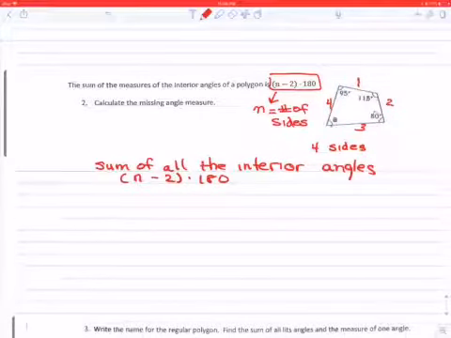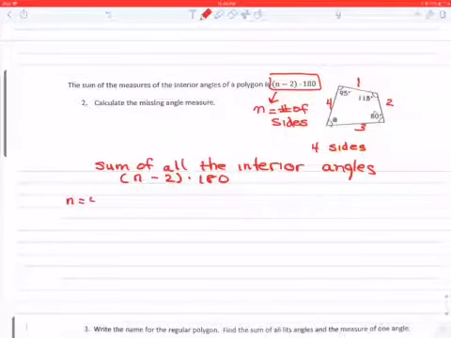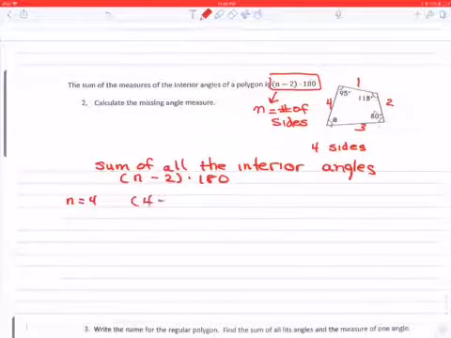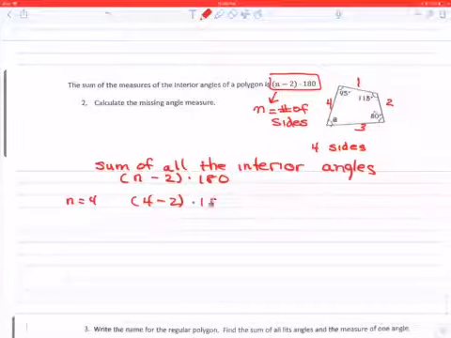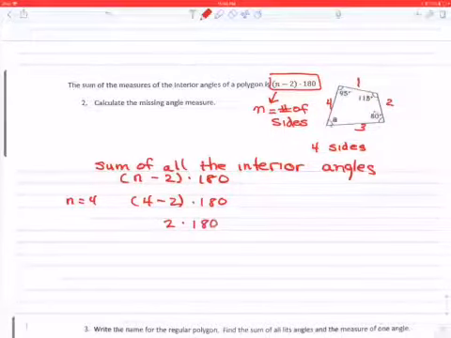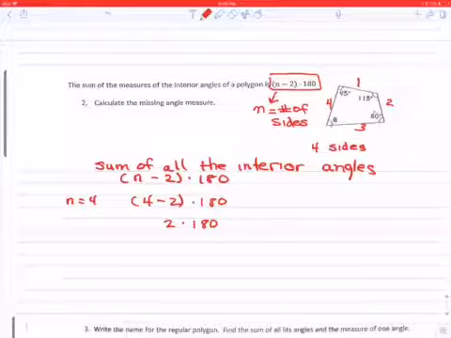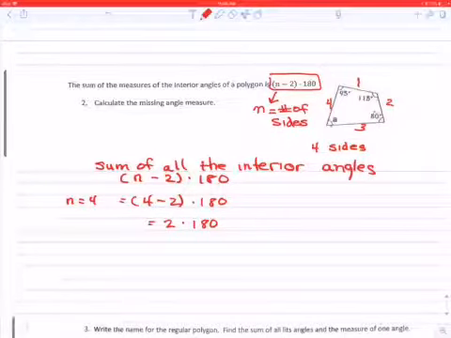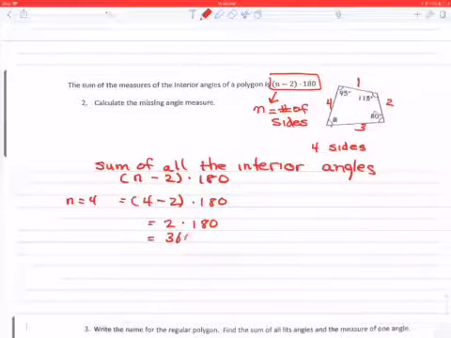So n was 4. So 4 minus 2 times 180. So the sum of all the angles, the interior angles of that polygon, is 360 degrees.